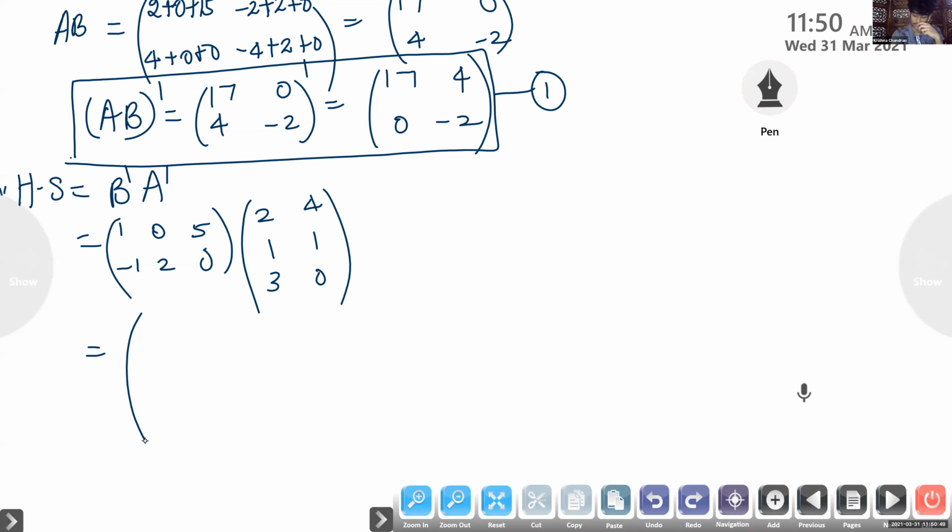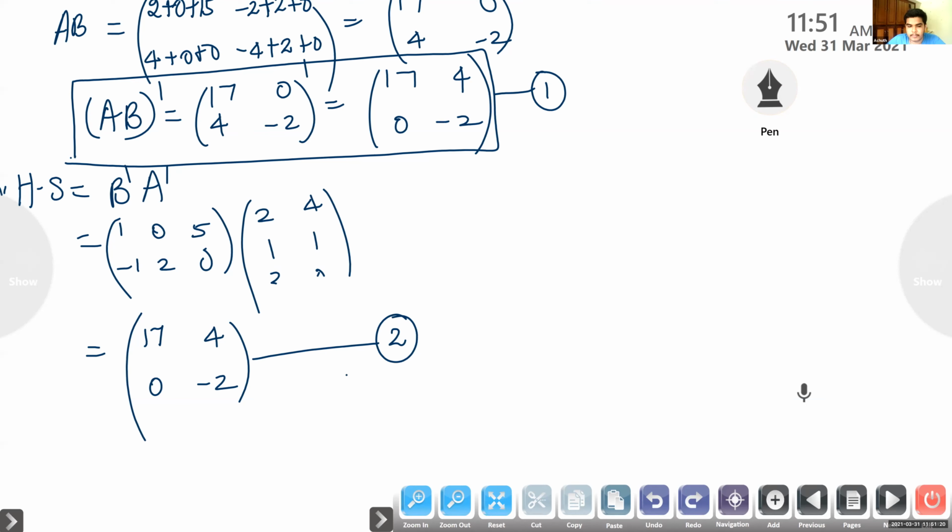17, 4, 0, minus 2. Is it like this? No, ma'am, 0 and minus 2 in the next row. 0, minus 2. Are you getting like this? Name this as equation 2. Achyut, is it correct?